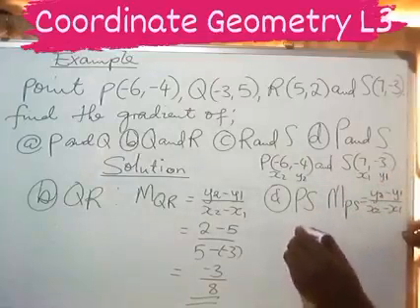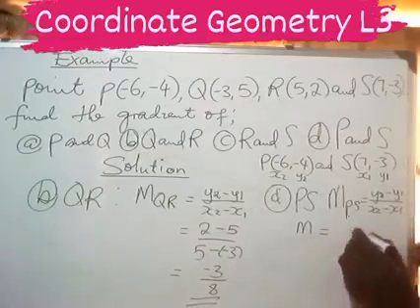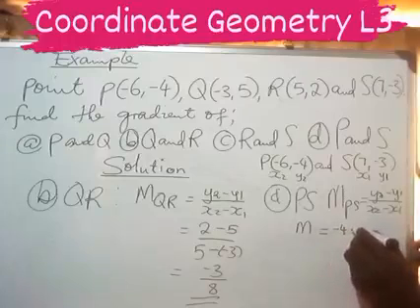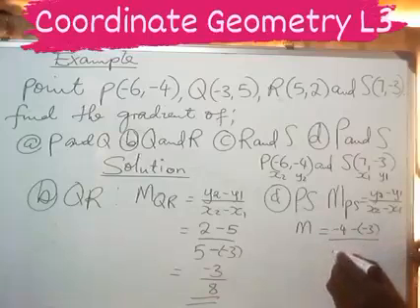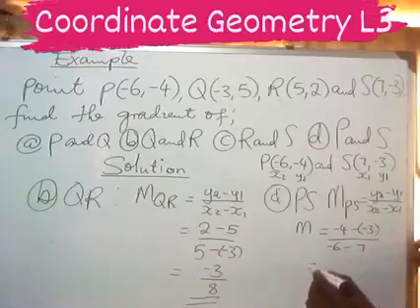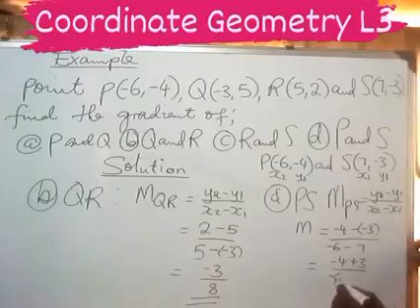Now the gradient, m, is equal to, what is our y2? It's negative 4 minus negative 3. Our x2 is negative 6 minus 7. This is the same as negative 4 plus 3 over negative 6 minus 7.